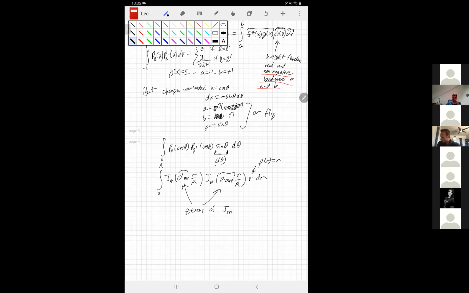And at the lower limit, our integrand is 0, because even though there's no guarantee that Jm of 0 is 0, this thing is 0 at our lower bound. And that's something that we just kind of worked out piecemeal last week. We just played around with things and we saw that certain integrals worked out. Well, now I want to show you that selecting our limits very carefully is part of a bigger theory. It's part of a bigger framework.